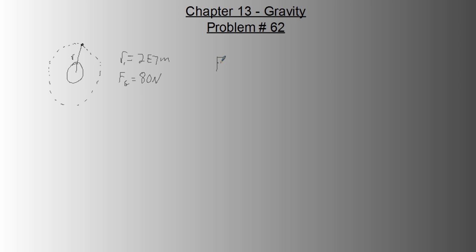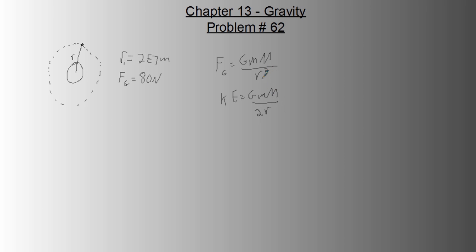First off, notice that Fg is GMm over r squared, right? And notice that KE is GMm over 2r.